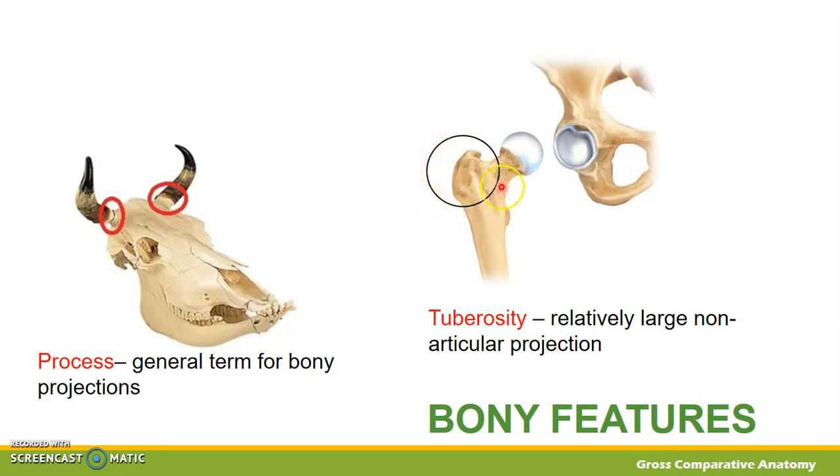Another example is the tuberosity, the major tuberosity of the femur. So they are relatively large non-articular projections. They do not articulate, but they have a certain function for, let's say, muscle attachment. If it's a large non-articular projection, we can say it's a tuberosity, but if it is a smaller projection, we can say it is a tubercle.